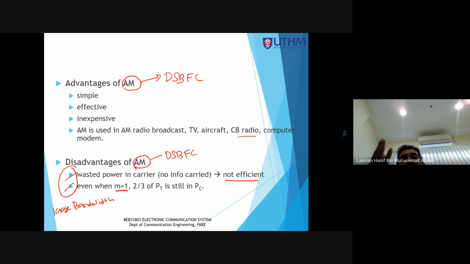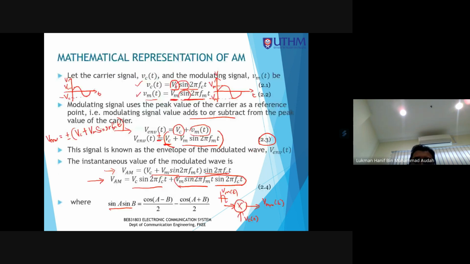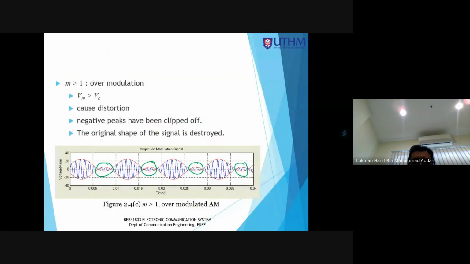If it is not an ideal case, the power of the sideband is going to be much lower, and we're going to consume a lot of power only in the carrier component, which is a disadvantage of double sideband full carrier in some applications. Okay, so I go back to the slide.